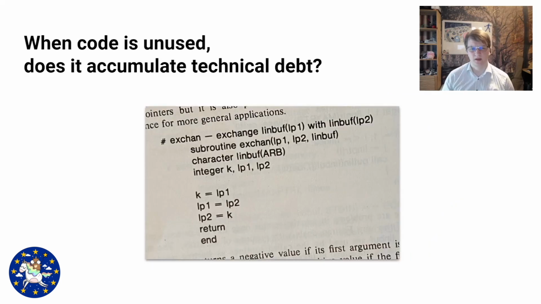However, there's a good question to ask. When you don't use a code and it's just something on a paper, does it accumulate technical debt? And the question is, why not? Nobody's changing it. There's no people churn. So the question is, what's changing?